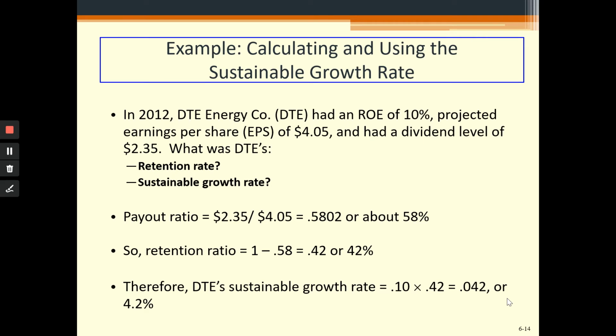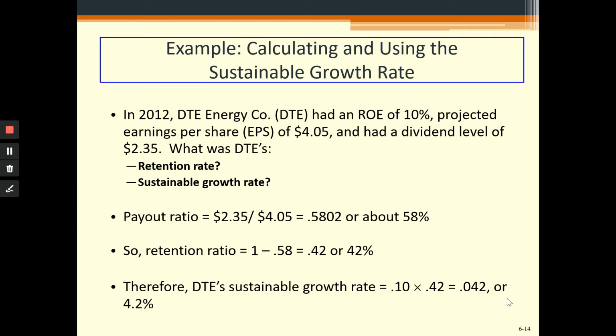For example, there is a company, DTE Energy Corporation, with a return on equity of 10%, a projected earnings per share of 4.05, and a dividend of 2.35. First of all, we have to find the payout ratio. We simply divide 2.35, which we are paying, by 4.05, which is the overall earnings per share.